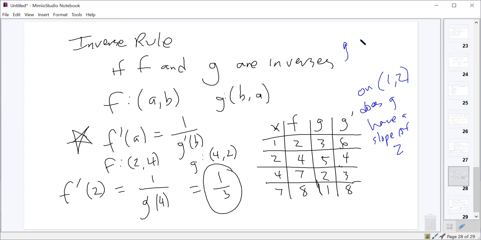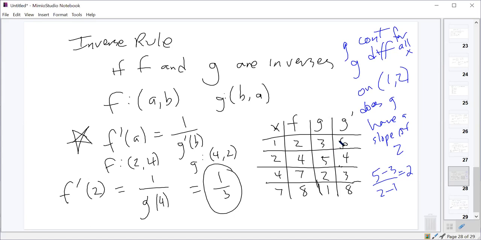On the interval 1 to 2, the average rate of change of g is (5 minus 3) over (2 minus 1), which is 2, which tells us that somewhere on the interval from 1 to 2, g prime must equal 2, right?